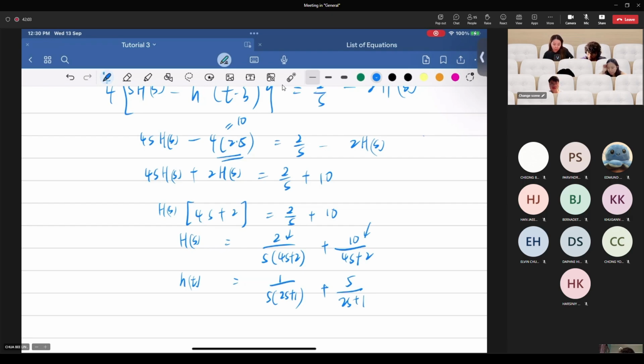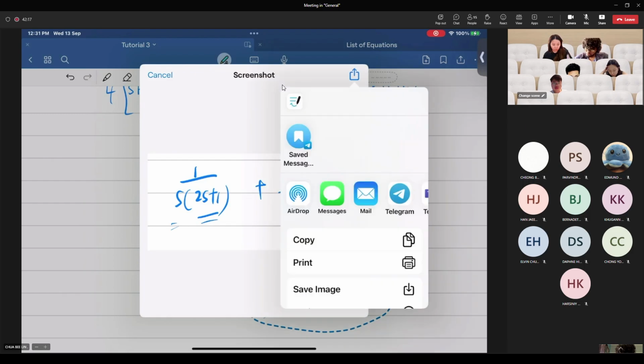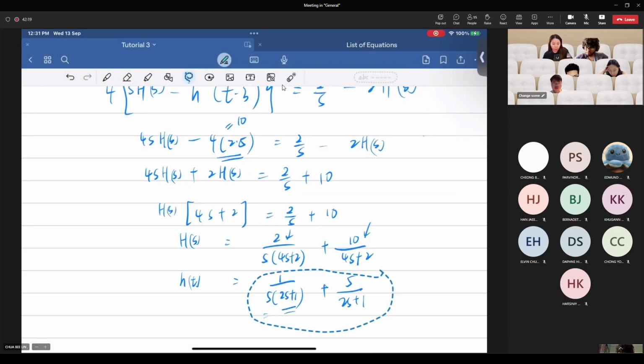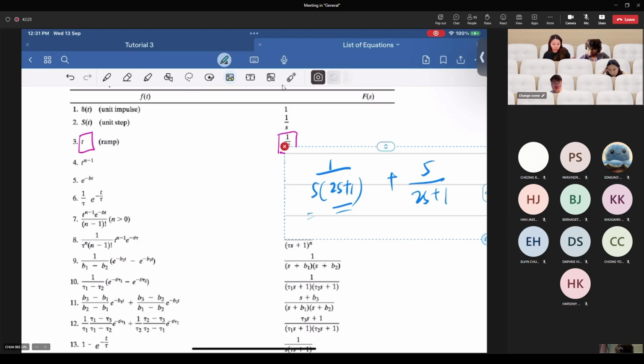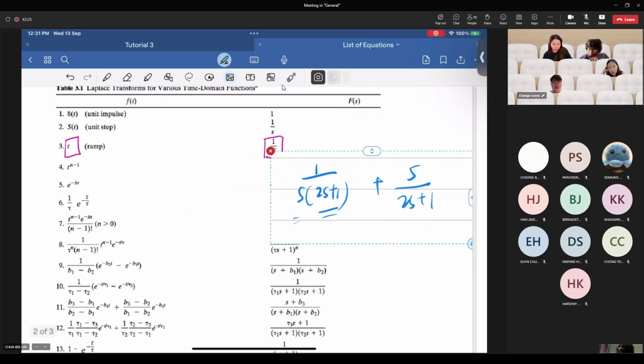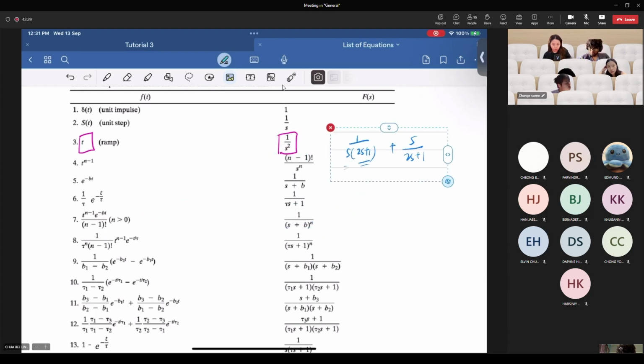Then you will be having 2s plus 1, and then outside is s. So you go to locate this using the Laplace table. Okay, Laplace table. So locate this one.